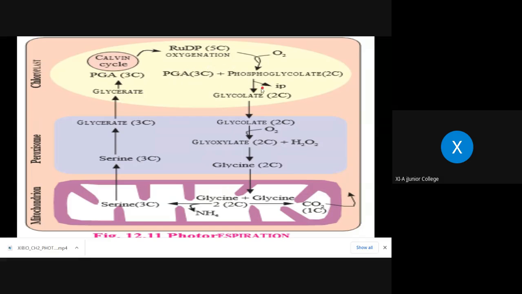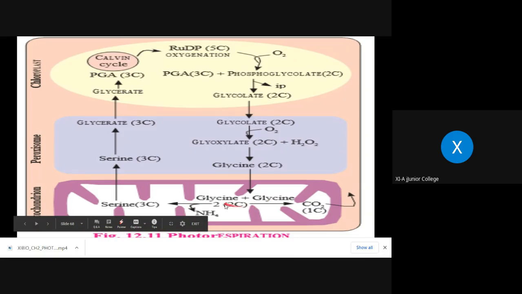Then glycolate is produced in the chloroplast, which is transported to the peroxisomes, and by addition of oxygen and water it gets converted into glyoxylate and then into glycine. That enters the mitochondrial matrix, where 2 molecules of glycine, 2 plus 2 making 4, form a 3-carbon compound, serine.